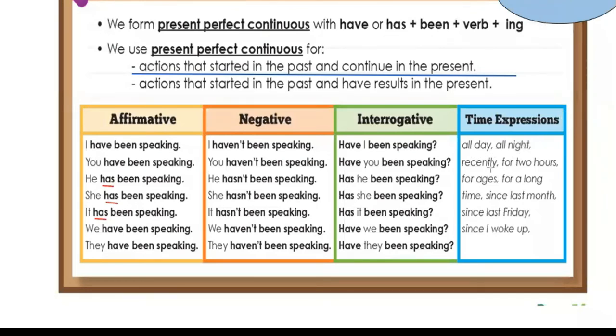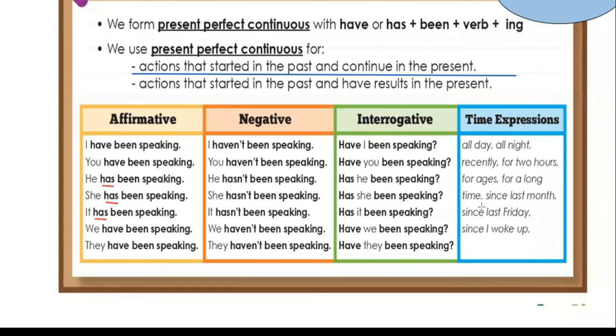And then we have some time expressions that we can use with the present perfect continuous, which are all day, all night, recently, for 2 hours, for ages, for a long time, since last month, since last Friday, since I woke up. Okay. For example, I can say, I have been speaking for a long time.